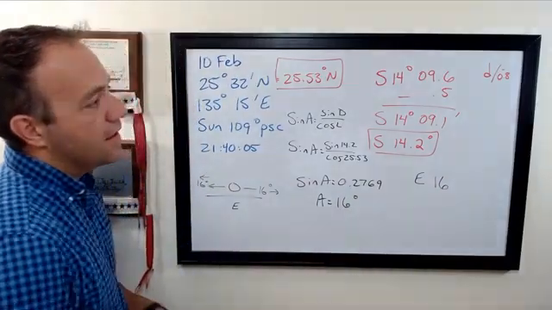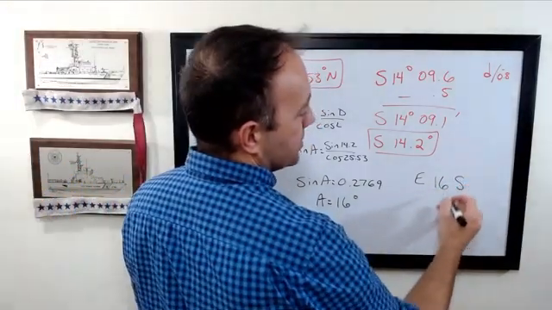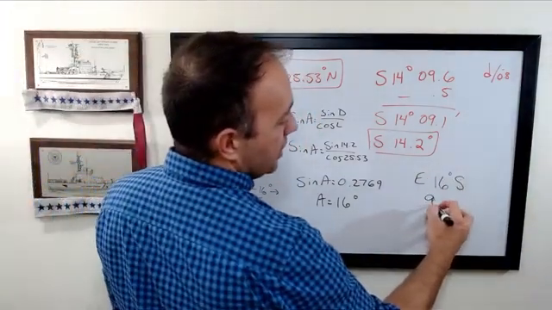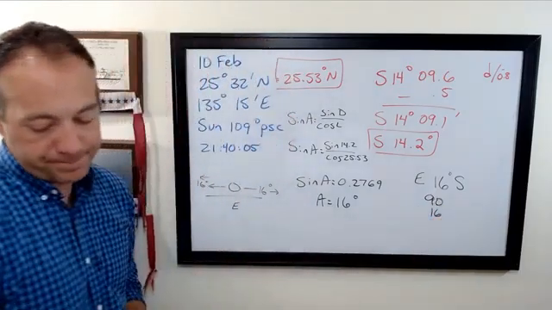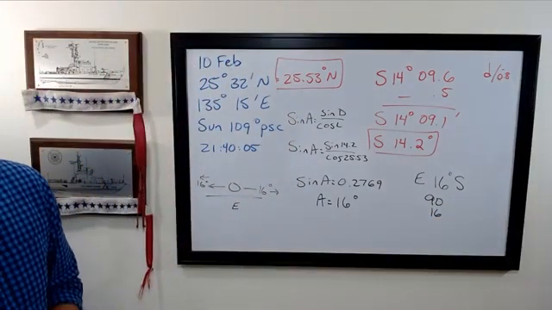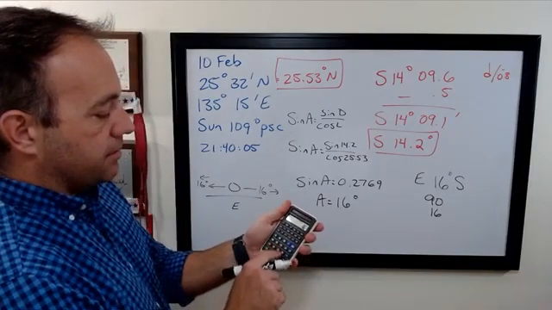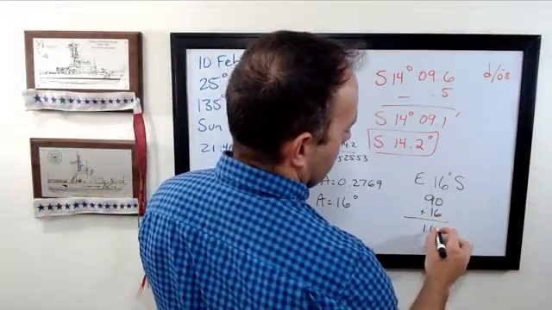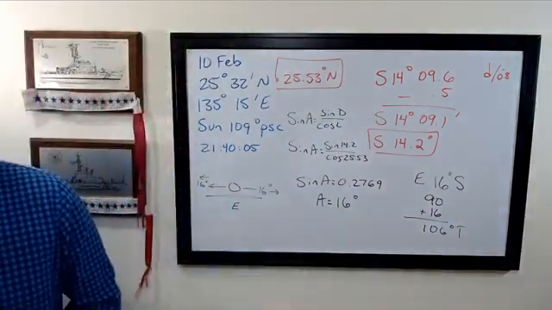And then the declination matches for the suffix, so east, 16 degrees south. In other words, 90 degrees and then 16 degrees south of it. So that gives you 90 plus 16, or 106 degrees true.